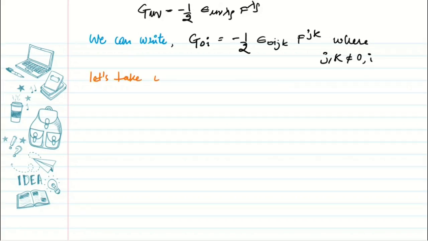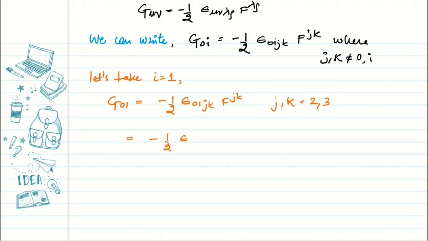Let's take i equal to 1, so we are finding the 0, 1 element. This will be minus half epsilon 0, 1, j, k F jk. Now j and k can take the values 2 and 3 only.